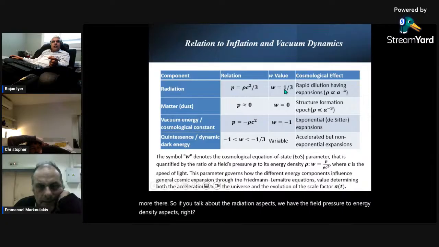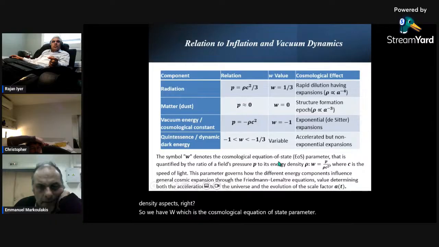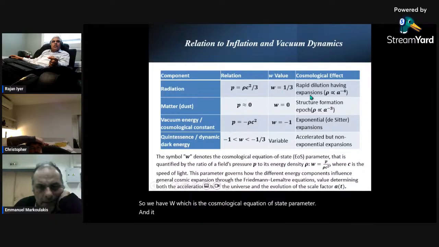So we have w, which is the cosmological equation of state parameter, and it shows the ratio of that. Rapid dilution with expansion occurs. That's the cosmological effect of radiation.